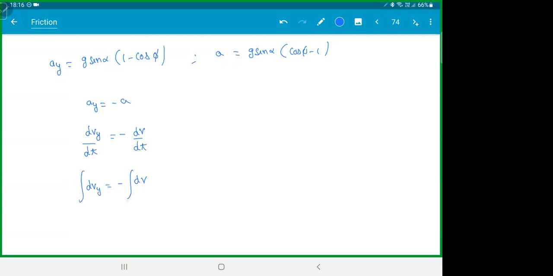Now understand, initially the speed was u, finally the speed was v. Initially vy was 0, finally the speed is vy. So we get vy is equal to minus (v minus u). And what is this vy? If you see this incline, this was your initial speed u.